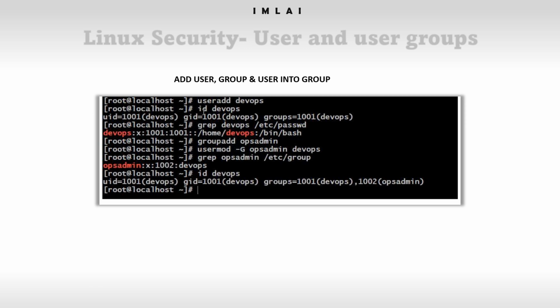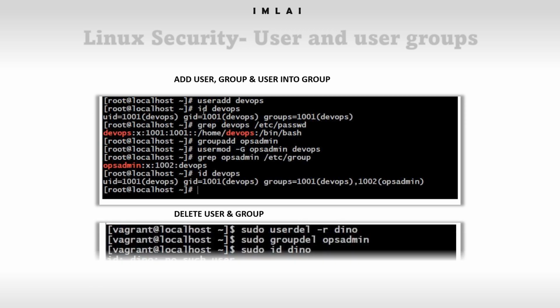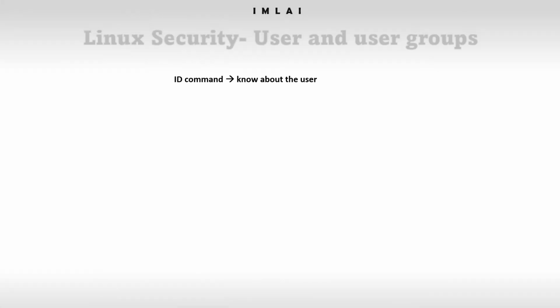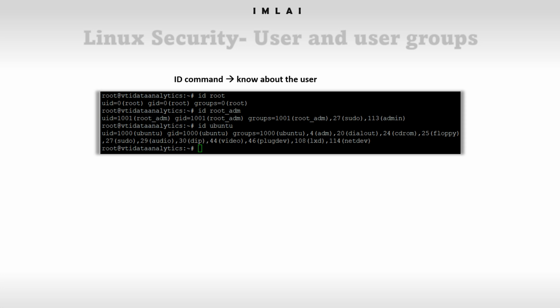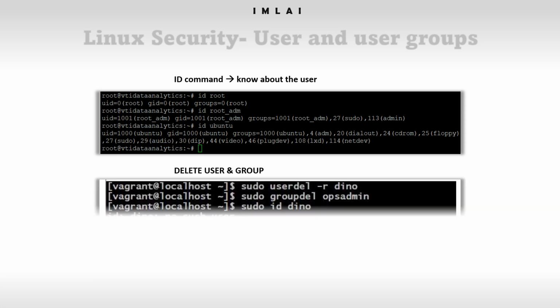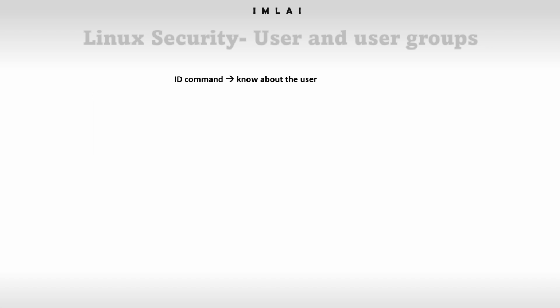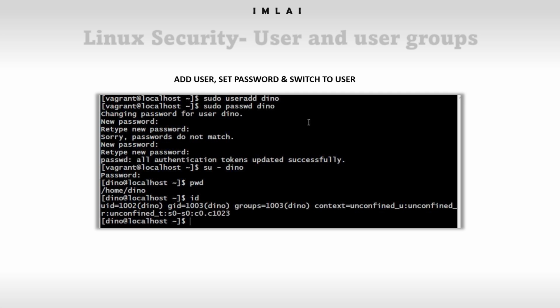Then after that, we will go for adding user into the group, then deleting the user and deleting the group. And the final one is just using the id command to know about the user. And finally, if there is anything, just deleting the user and user group. These are the activities that we are going to do.